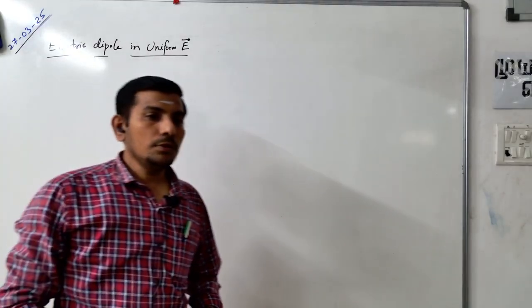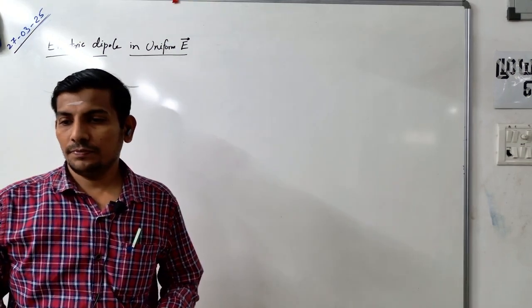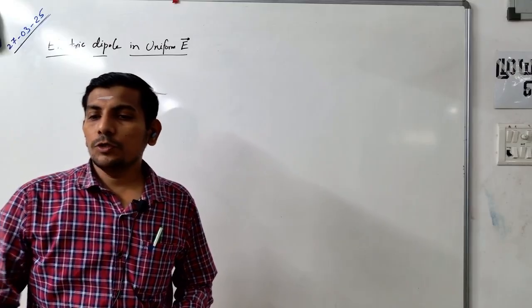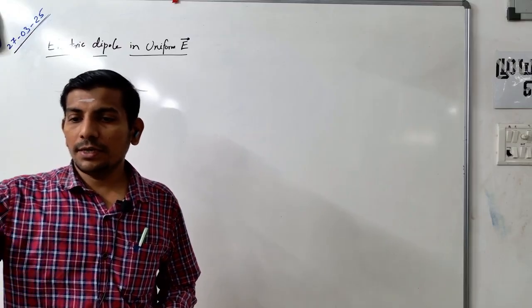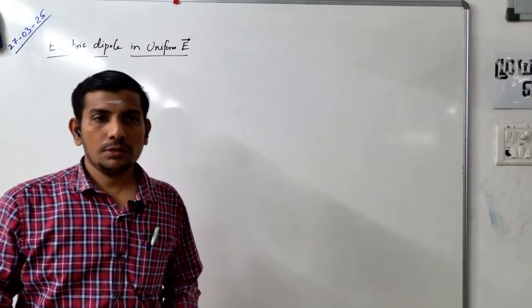I am going to take a dipole and keep it in an electric field. What kind of electric field am I going to keep it in? I am going to choose a uniform electric field, and inside that uniform electric field, I am going to keep it. Got it? Shall we go?